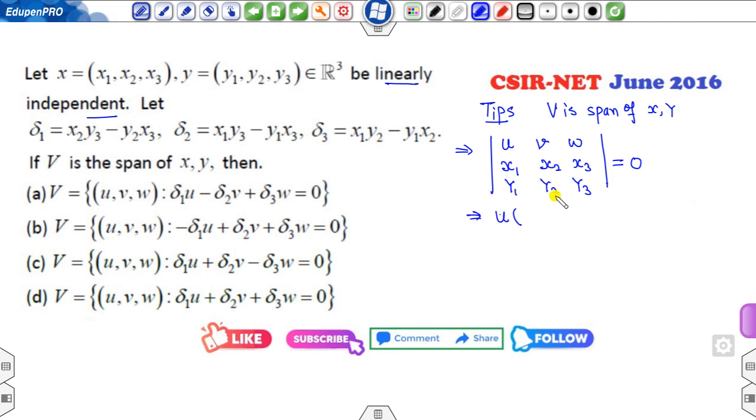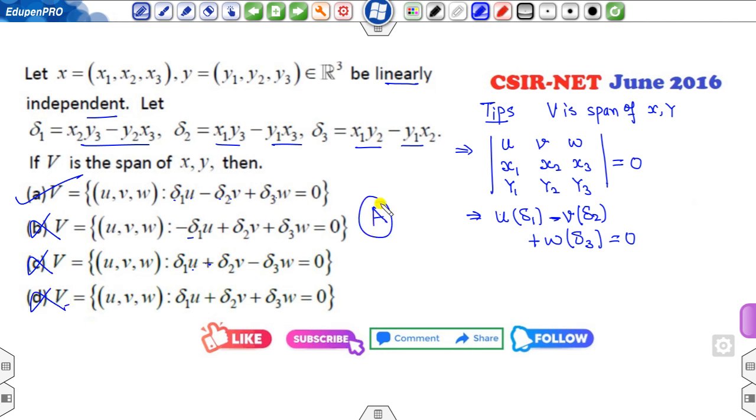You can expand them: X2, Y3 minus Y2, X3, delta 1; minus V times X1, Y3 minus Y1, X3; plus W times X1, Y2 minus Y1, X2. So the answer is u delta 1 plus v delta 2 plus w delta 3. All are positive and cancel out. A is my right answer.